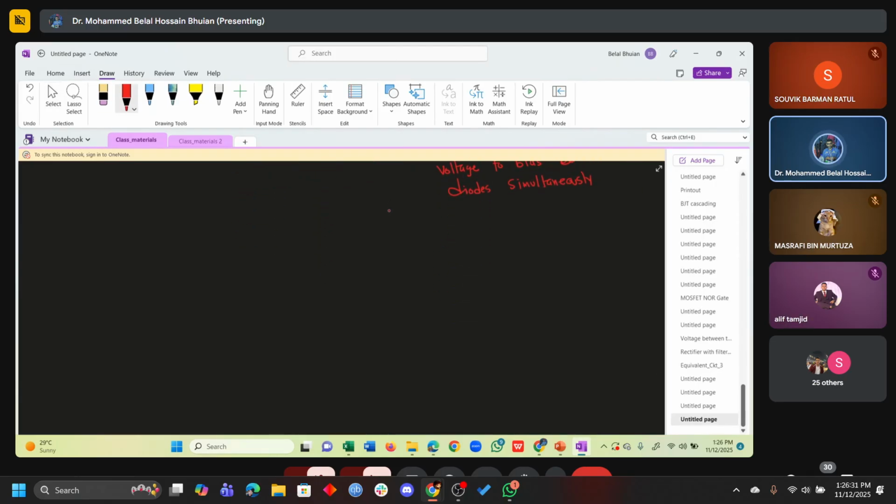So let's say we have got this table. I call one column EBJ, another CBJ, and we call the last one region of operation. So what can I do for EBJ? I can make it forward biased, and I can also make CBJ forward biased.